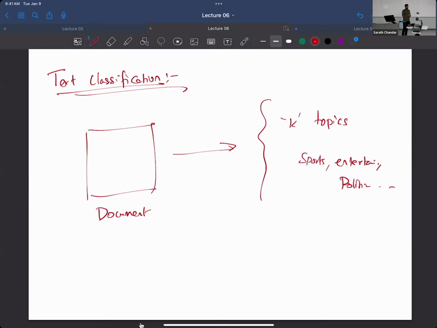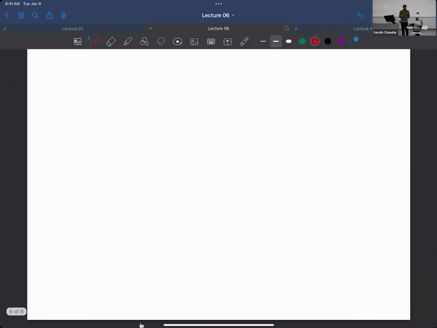What kind of features could we use? One of the problems with documents is they are going to be of variable length. It's not like you have 100 features that you are fitting a model which takes a 100 dimensional vector and outputs, if there are 10 classes, a 10 dimensional probability distribution.